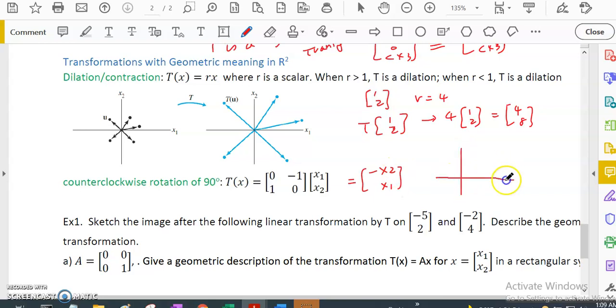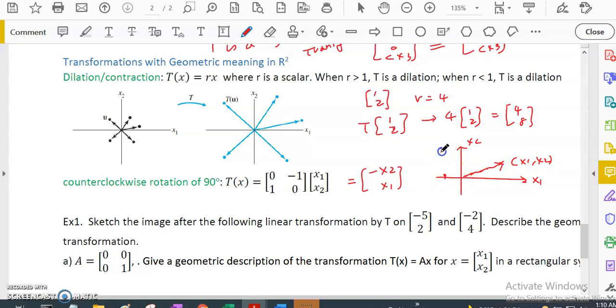So originally I would have x1, x2 here. This is x2, this is x1, and this is x2. This is the original vector. Now, where is x2? x2 is negative. So whatever I have should be smaller, but on the negative side, the y becomes the x, and it would go up the x number.